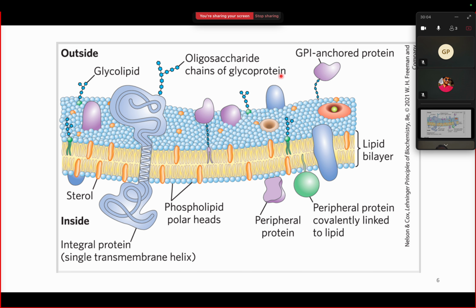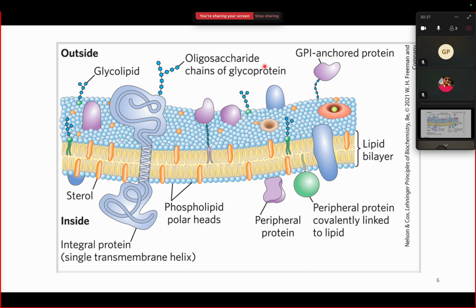oligosaccharide chain of glycoproteins. So both glycolipid and glycoprotein are characteristic of a cell, hence they should be predominantly present towards the outside of a cell or towards the inside of a cell? They'll be present towards the outside of a cell, right? Because they are providing the identity to a cell.